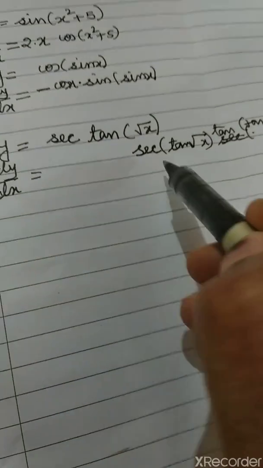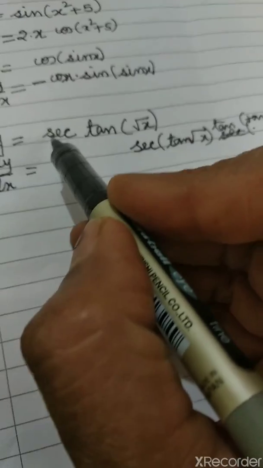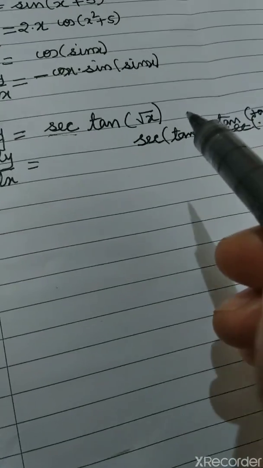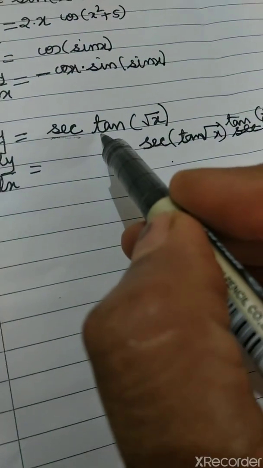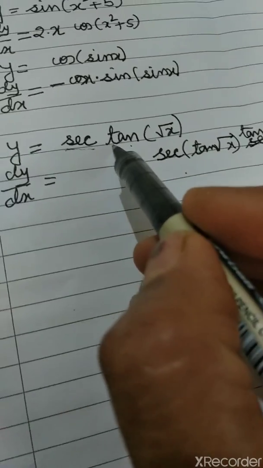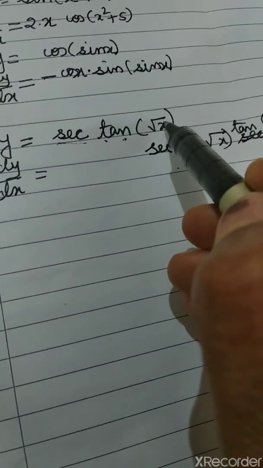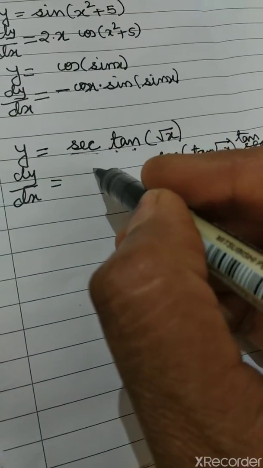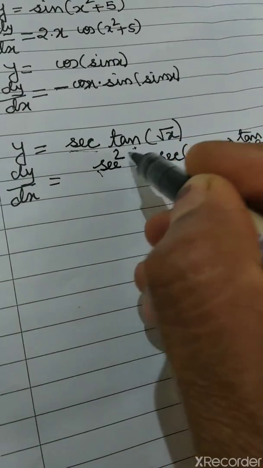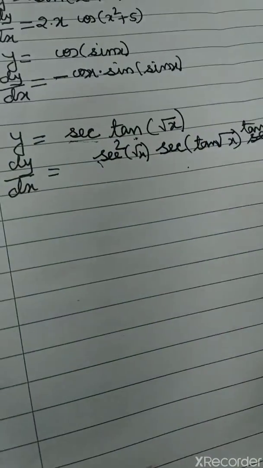Then the next function, this is the derivative of the first function that we have as sec x. Then the next function that we have is tan function. So the derivative of tangent function is sec square. So this will come out to be sec square root x.